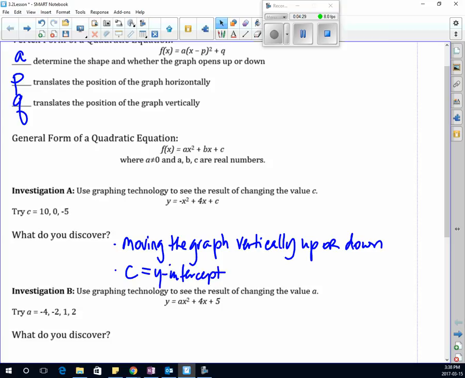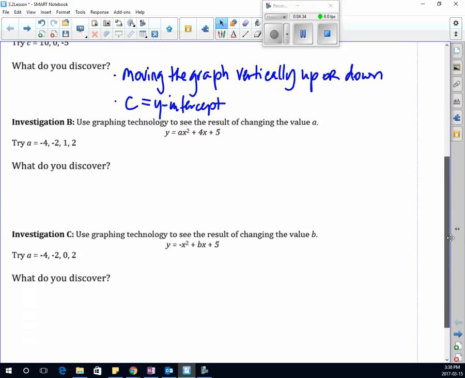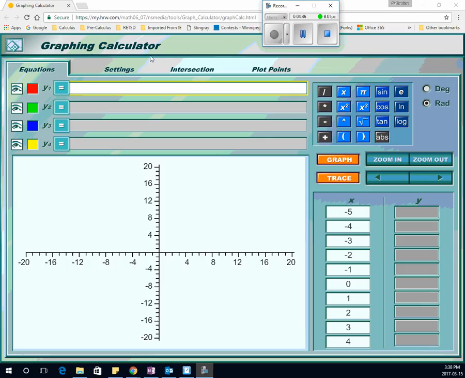All right, so let's now see what happens when I change the a. So ax squared plus 4x plus 5. And we're going to use various values here. Okay, so again, we're going to change the value of a here.